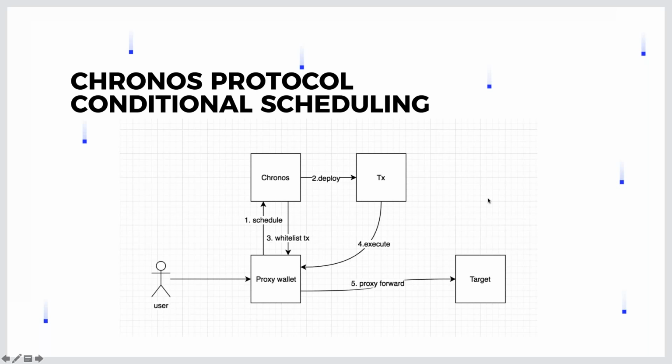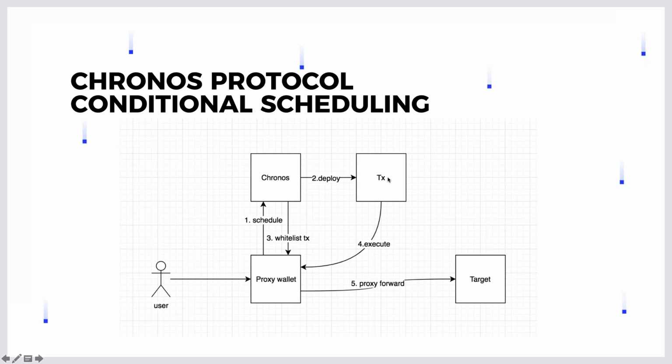We're looking forward, but by principle, you will send your transaction via the proxy wallet, which you are the owner of. Let's say in the case of using Chronos, you schedule via proxy to Chronos. Chronos deploys the transaction, and then your proxy wallet will whitelist the transaction.